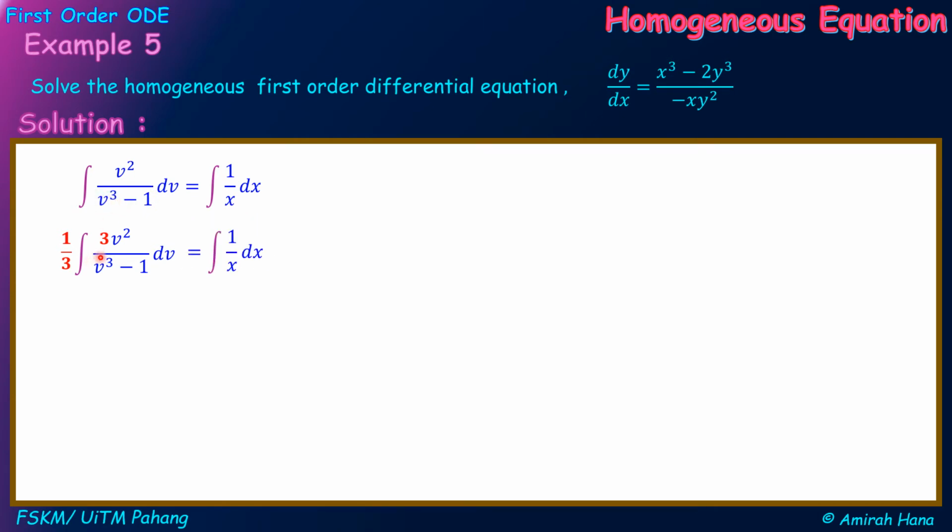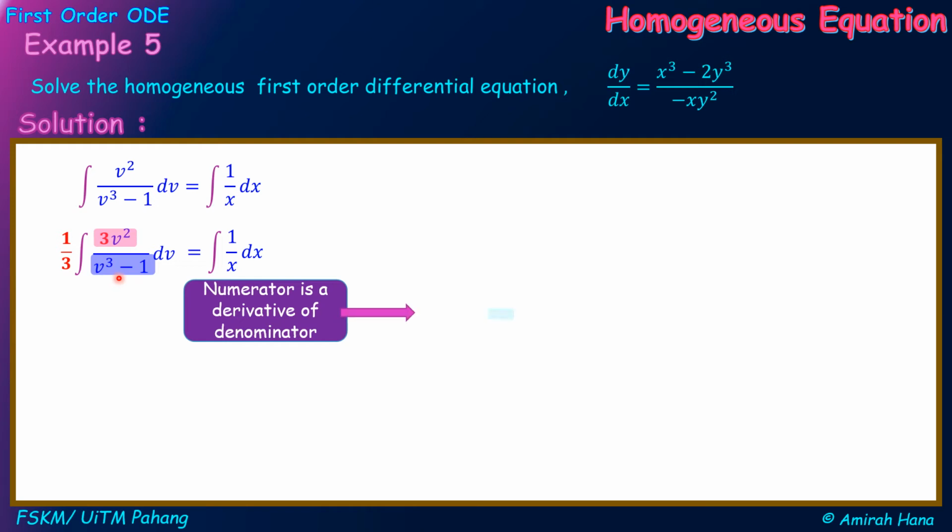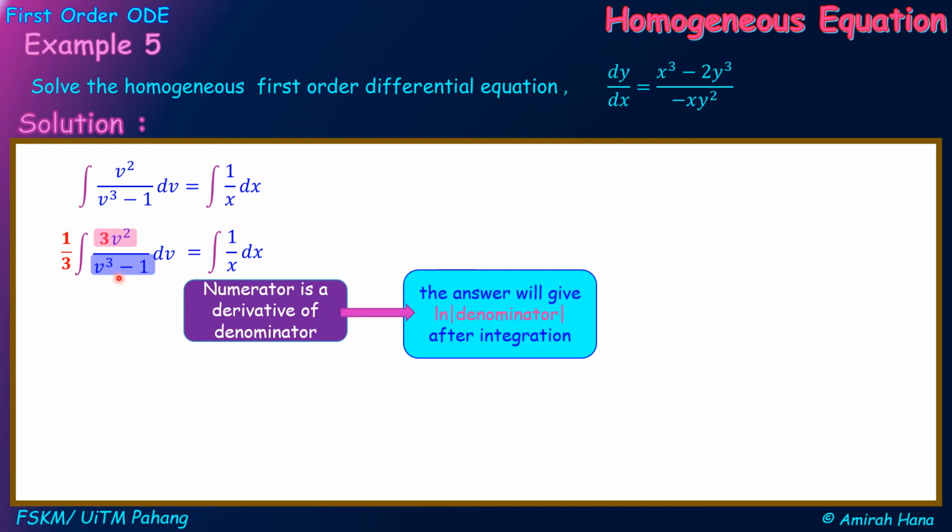Right, from here, we have numerator 3v squared and denominator v cubed minus 1, okay? Now, the numerator is the derivative of the denominator, right? So, the answer will give ln of the denominator after integration, right?